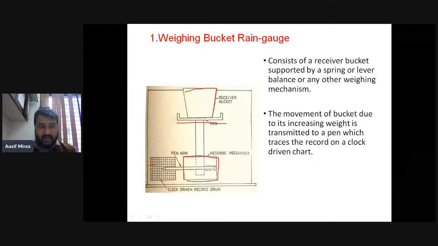In this graph, the values are given, and looking at the weight of that receiver bucket, which is measured by the weighing mechanism, the pen arm will draw the particular value of the rainfall.